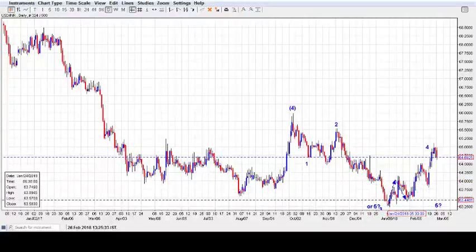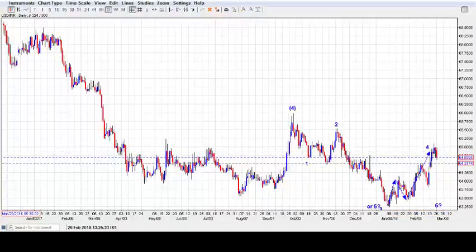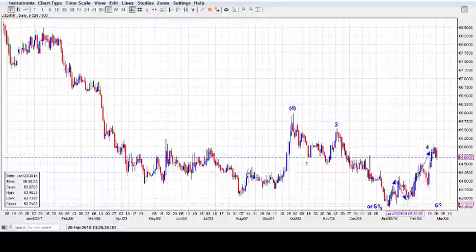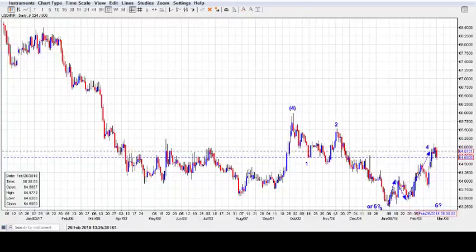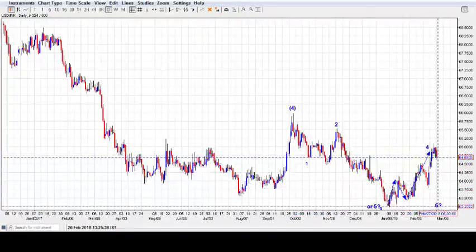The first, second, third wave is still underway. That doesn't look like an impulse, but it's looking like an ABC right now. Alright, so watch out maybe for a test of 65, but dollar INR could be wanting to print the fifth wave lower before turning its head up again.